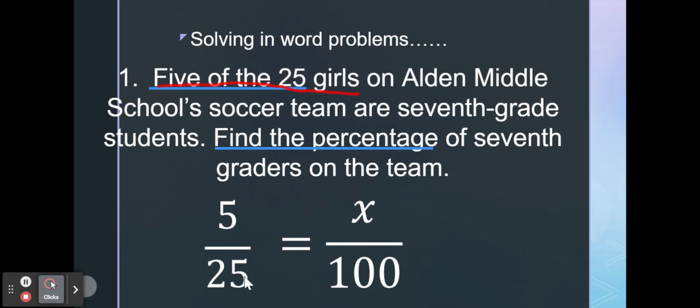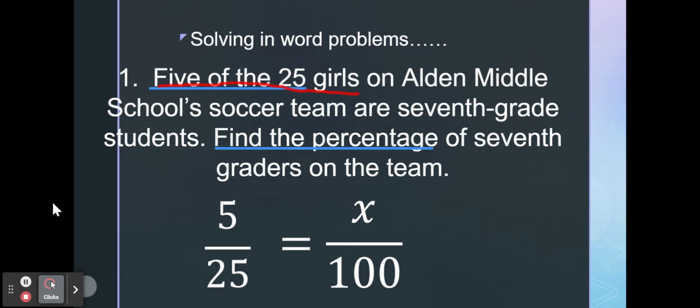I know I can get from the 25 to the 100 by multiplying by 4. I also know I can go from here to here by multiplying by 5 or dividing by 5 backwards. So you can see 2 different connections there to get where you need to go. I'm going to choose to do the connection between 25 and 100.